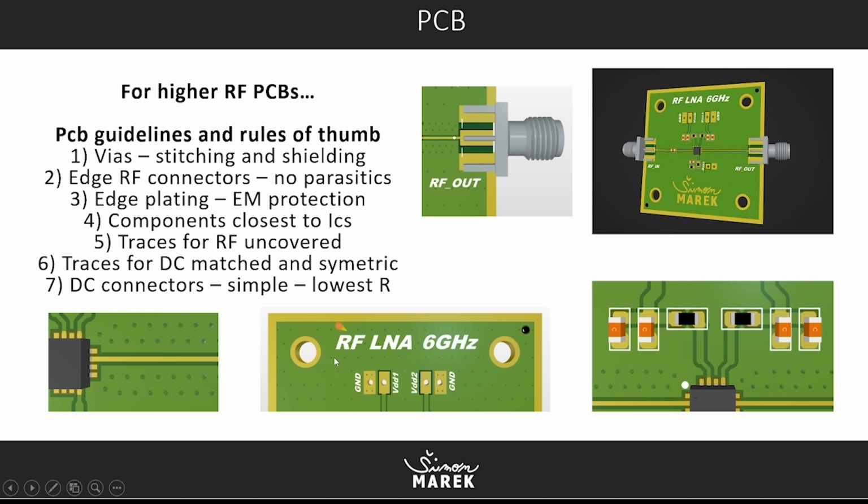And this is called stitching, where you have a big ground plane and you have a lot of vias in rows and columns, and they just connect the top and bottom ground planes.